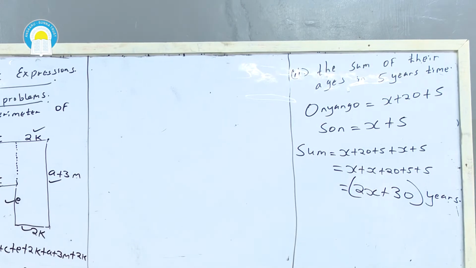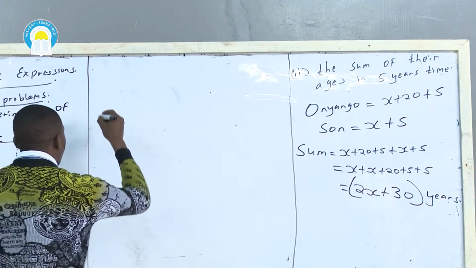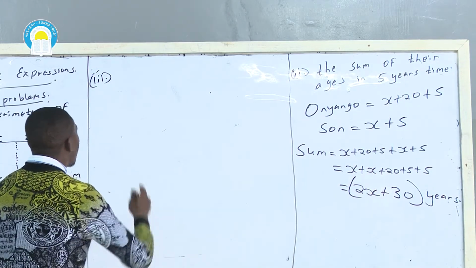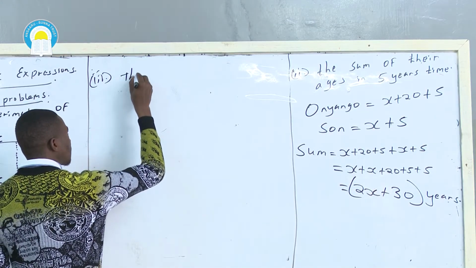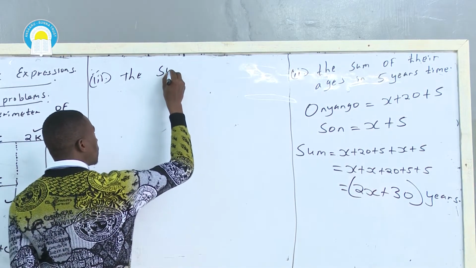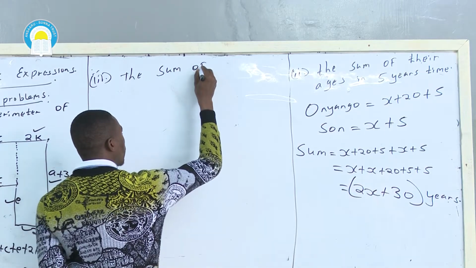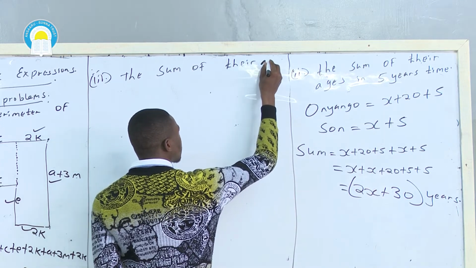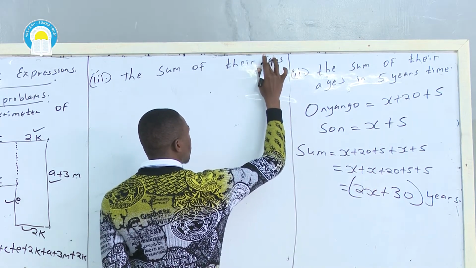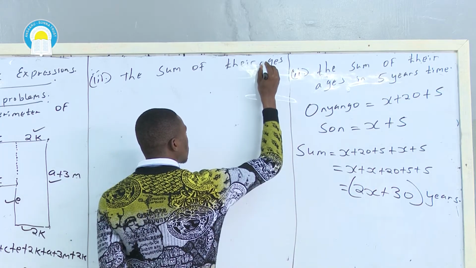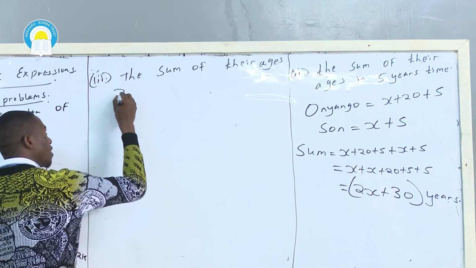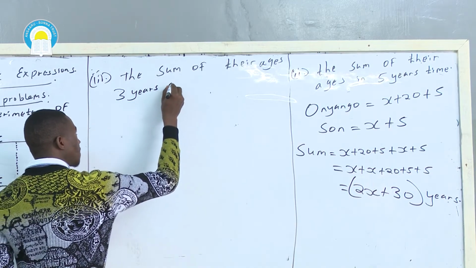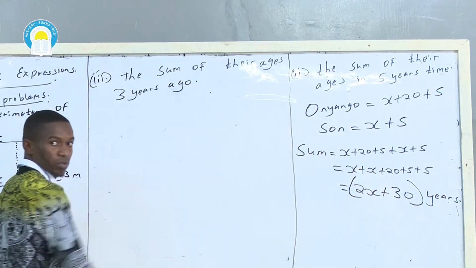You are asked the sum of their ages 3 years ago.